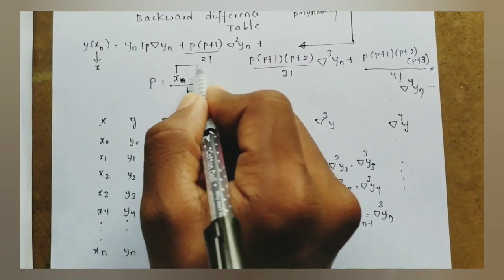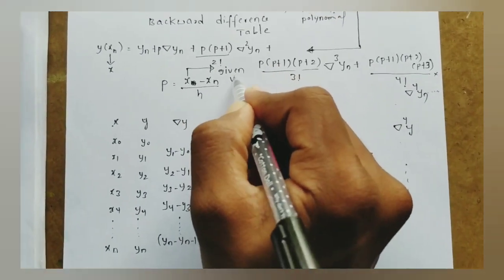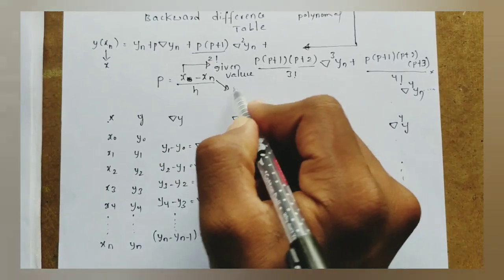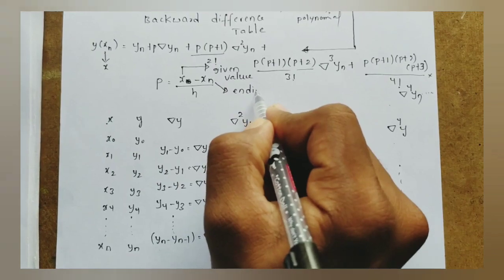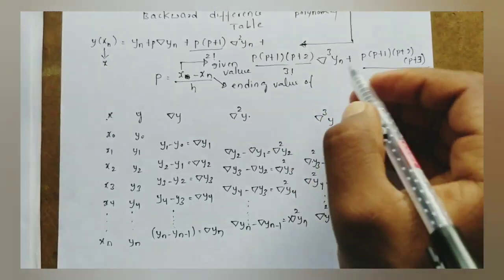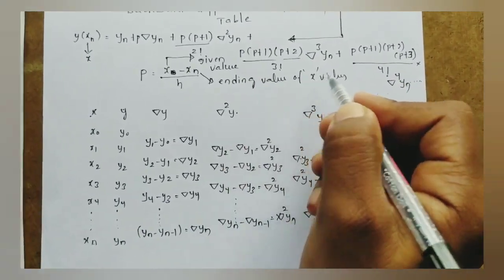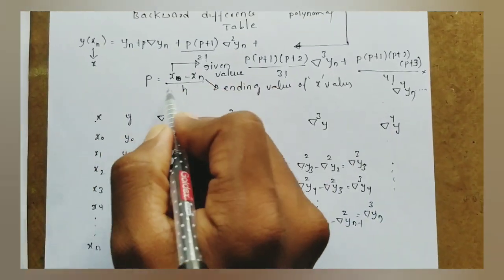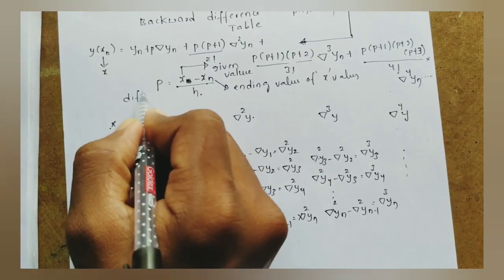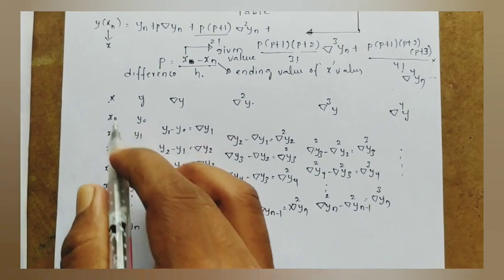Here x is the given value, xn is the ending value of the given x values, and h is already known, this is the difference of given x values.